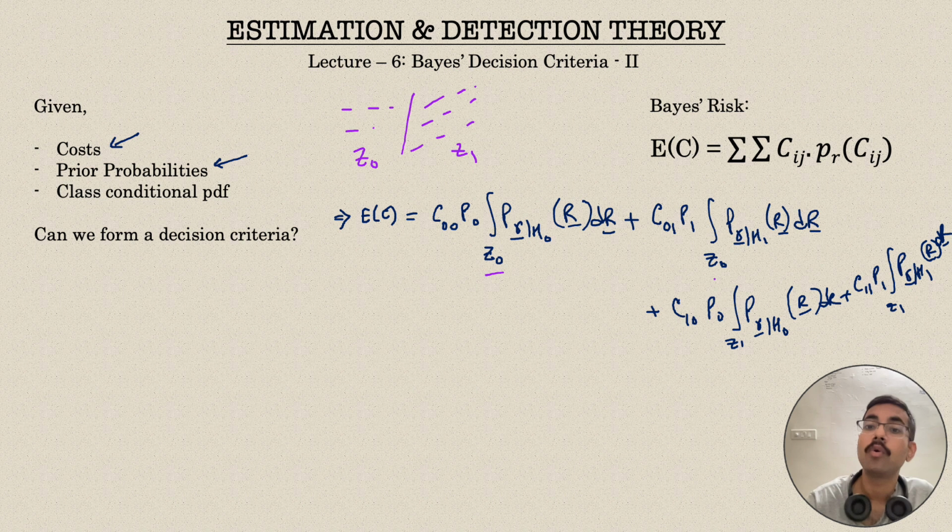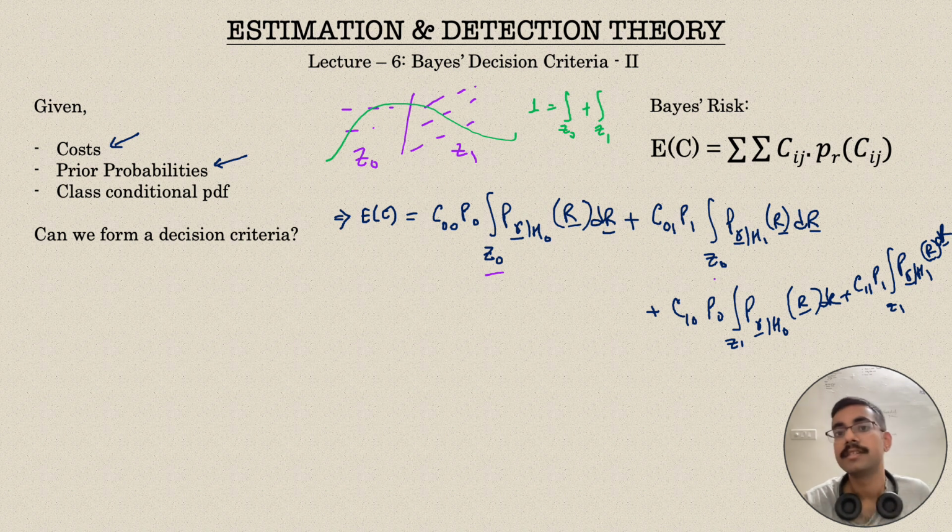Okay, that means they have no overlap. Because they have no overlap, we have one condition that comes out of it. What is that? If there is a PDF and we divide that into two regions, the area under a probability distribution function is always 1. So that will be equal to the area individually contributed by the region Z0 and the region Z1.